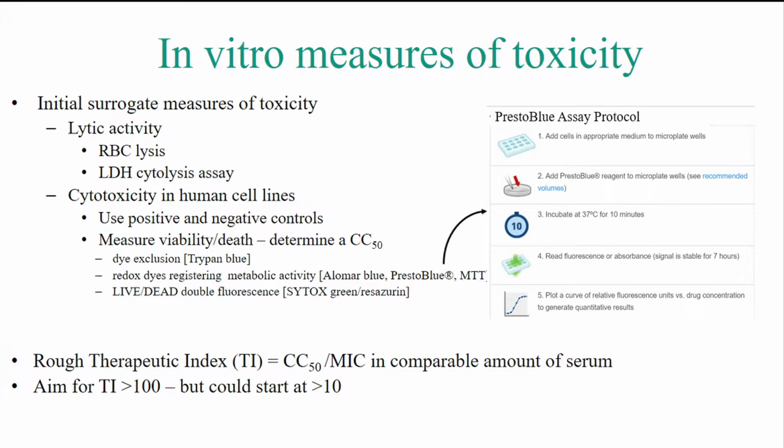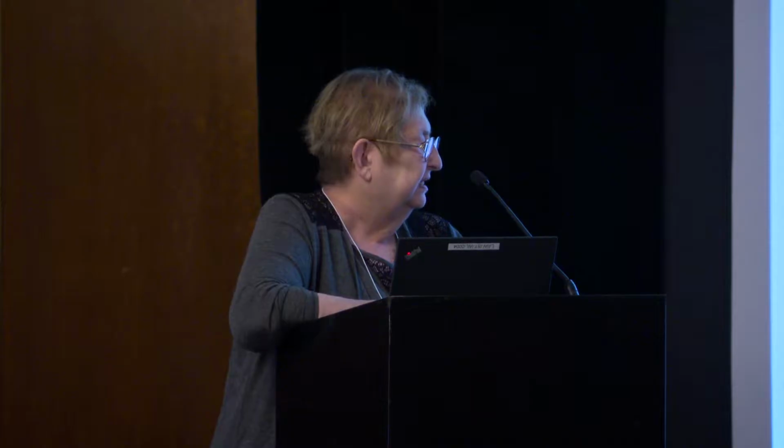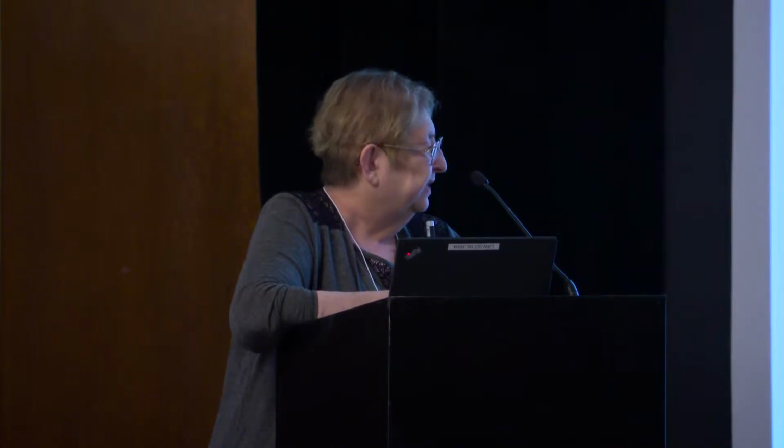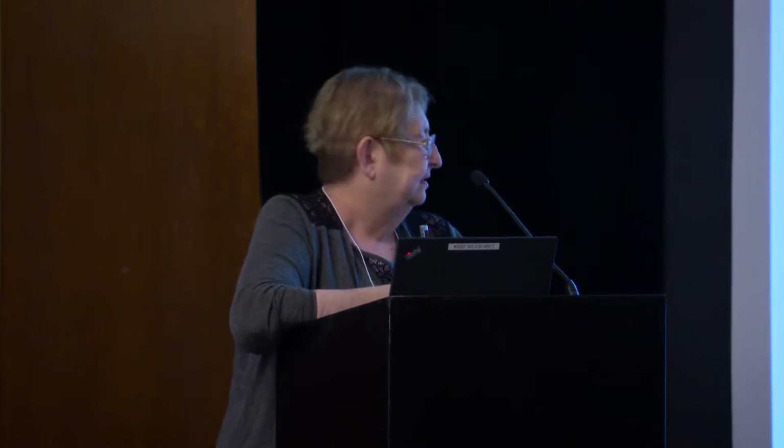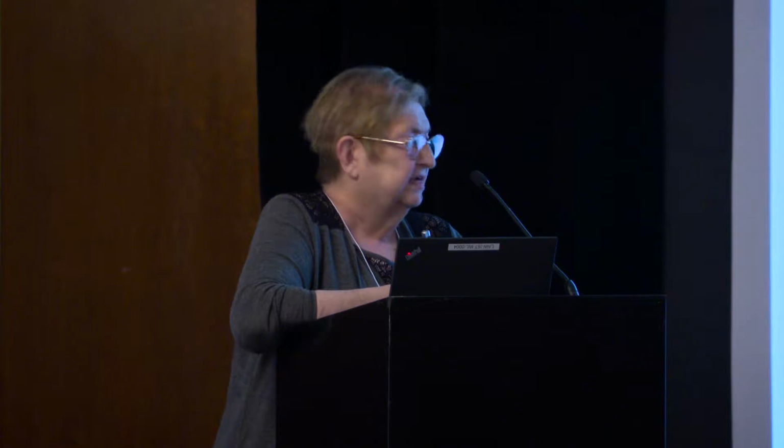Okay, so you get a rough, what I call a therapeutic index. Basically, you look at the killing concentration, the CC50, as a ratio with the MIC. And then you can say, well, I would like it to be, it takes 100 times more to kill the mammalian cell than it does to kill the bacterium.